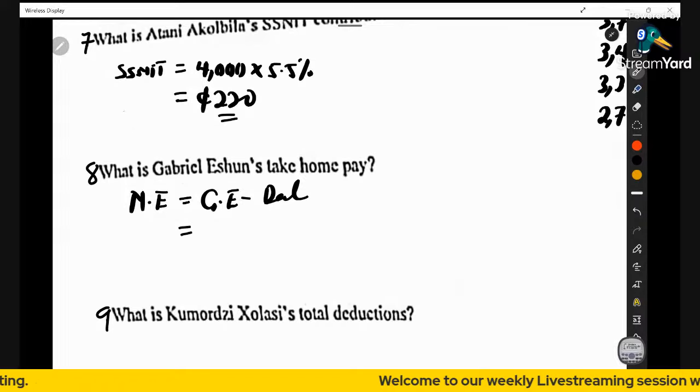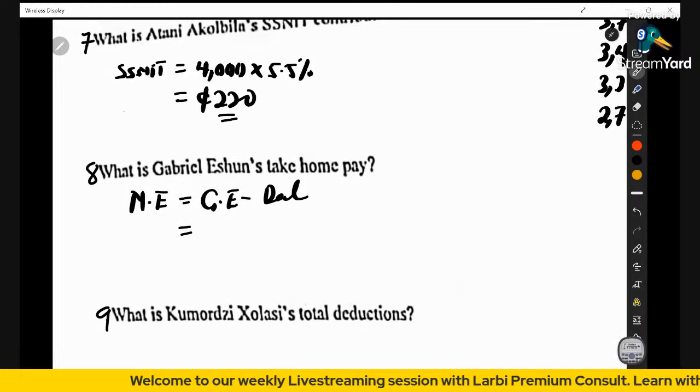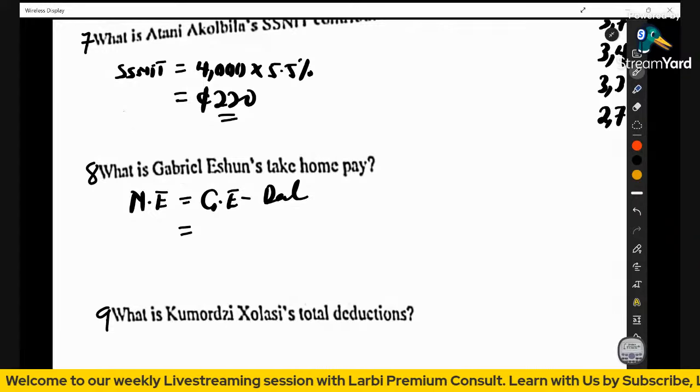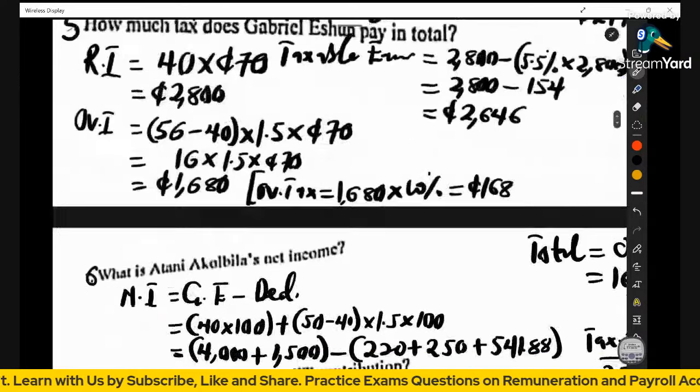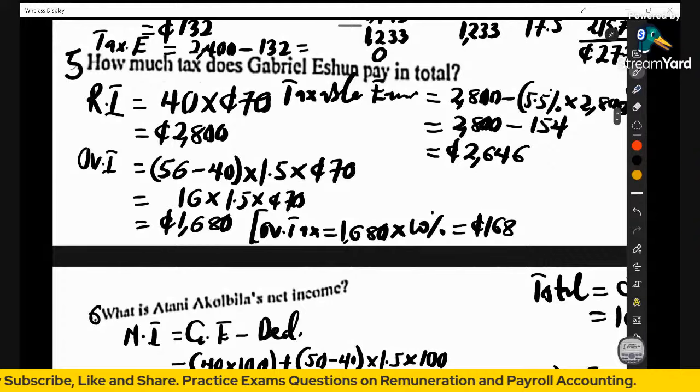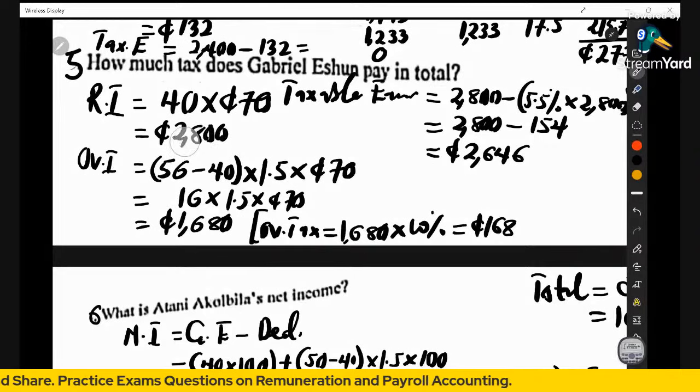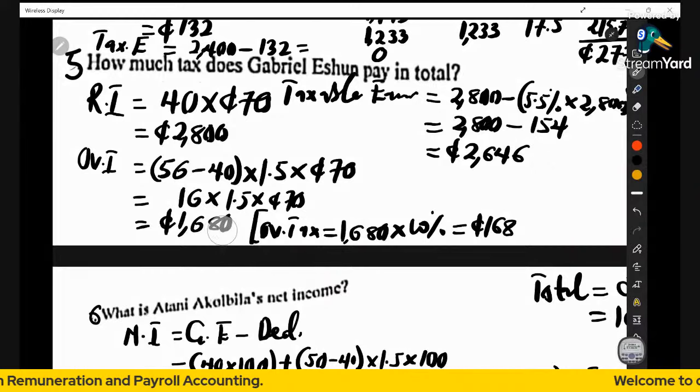Okay, so we compute the gross earning for Gabriel. We know from question 5 that we can compute the gross earning for Gabriel. Let's go back to question 5. We realize that we have the regular income for Gabriel at 2,800, and its overtime income of 1,680.